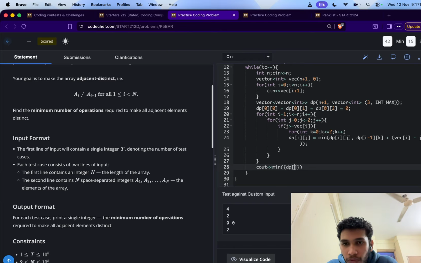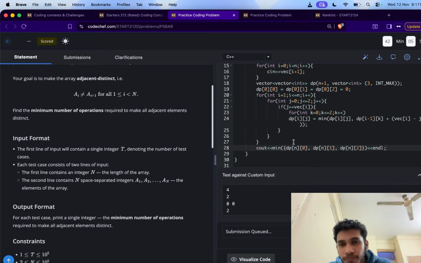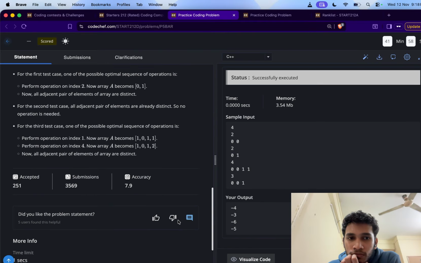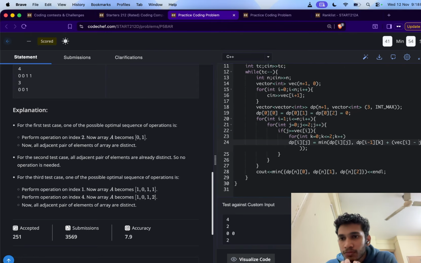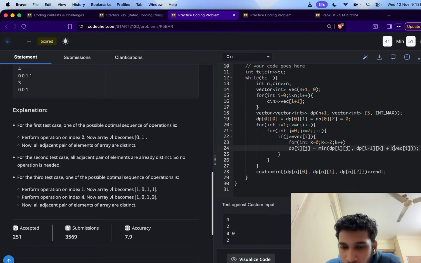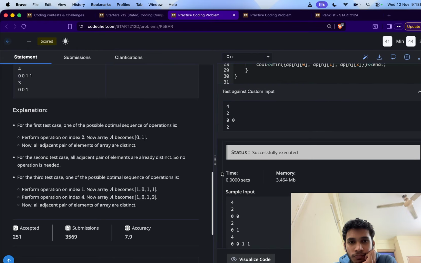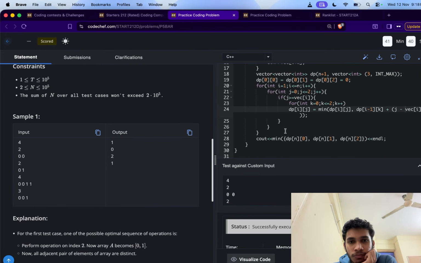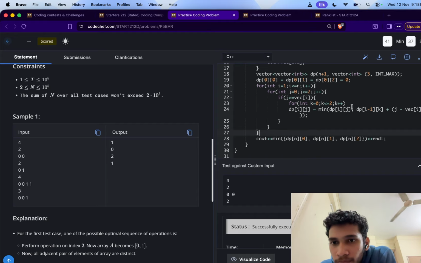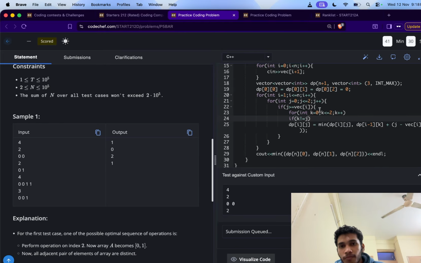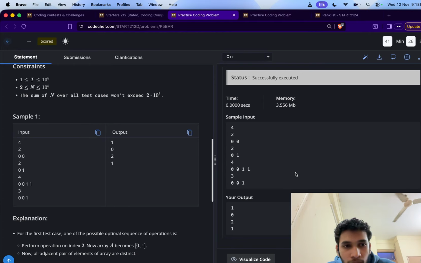The minimum of dp of n 0, dp of n 1, dp of n 2. One more thing: if k is not equal to j.